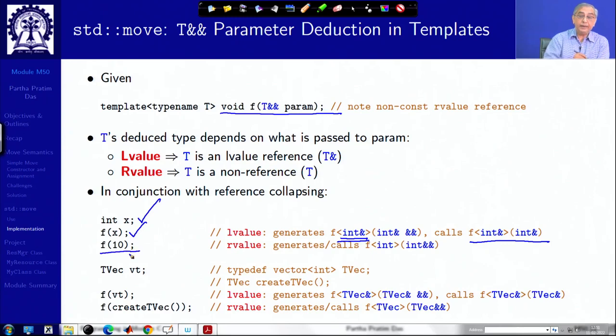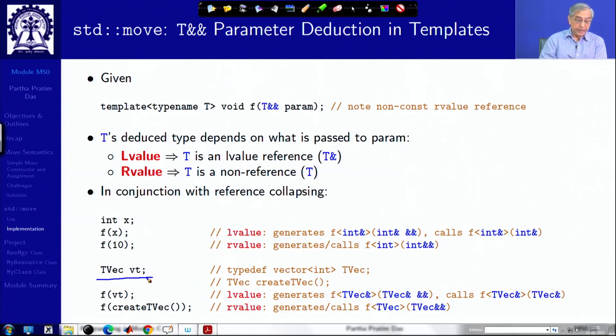If I pass 10, 10 is a literal, so it is an R value, and it calls f with int, which gives int&&, right. In contrast, if I have a vector vt and I call f with that, I am passing an L value. So, it will naturally call f with vector<T>& because of reference collapsing.